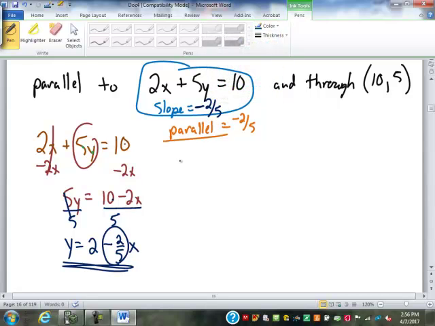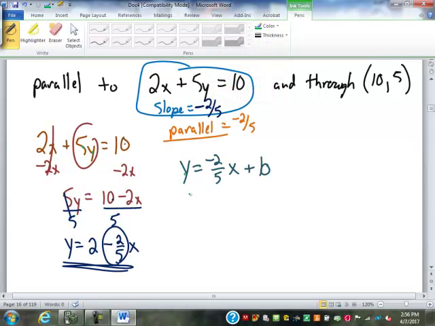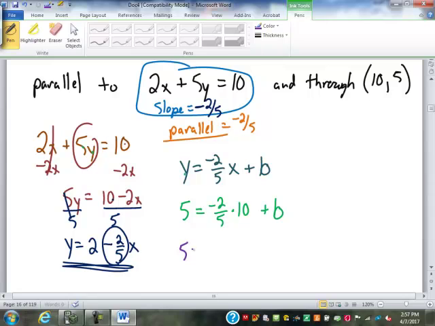So that means our equation starts out as y equals negative 2/5 x plus b. What goes in for y? 5, good. Equals negative 2/5 times 10 and plus b. And then perfect.